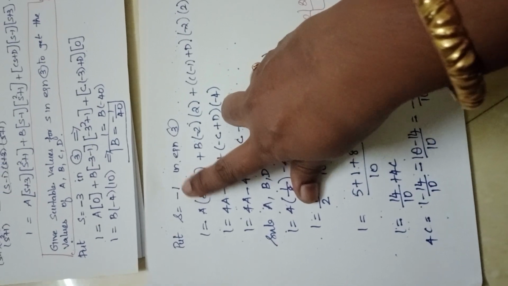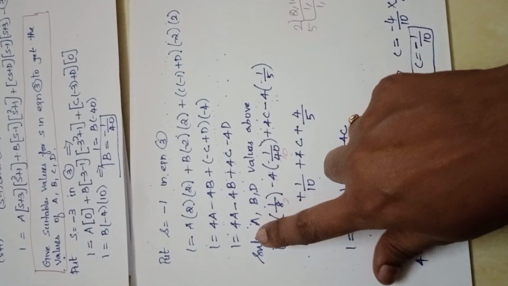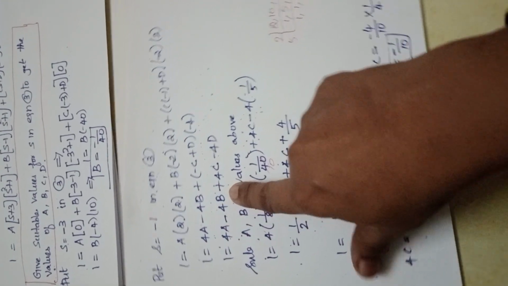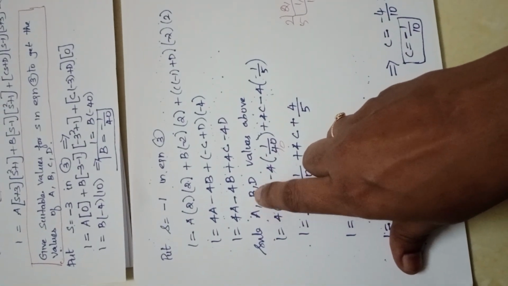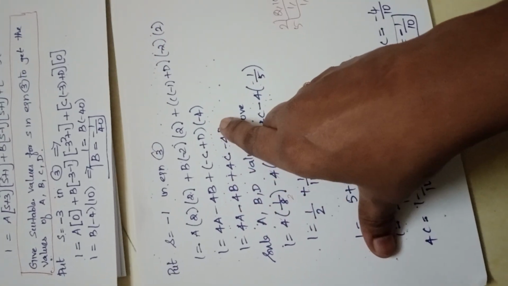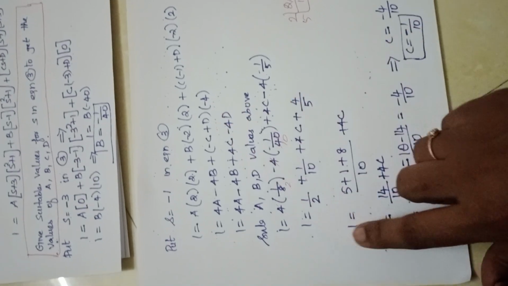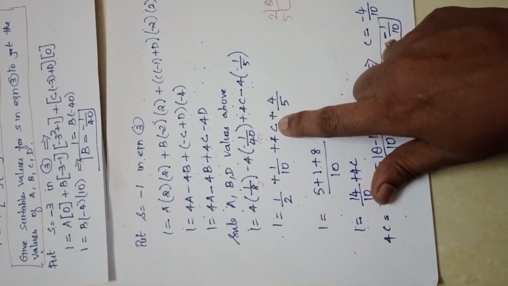Put s is equal to minus 1 in the same equation 3, and substituting we find 1 is equal to 4a minus 4b plus 4c minus 4d. We already got the a value, b value, d value. Substitute the found values and taking proper LCM, you see we are left with 4c.